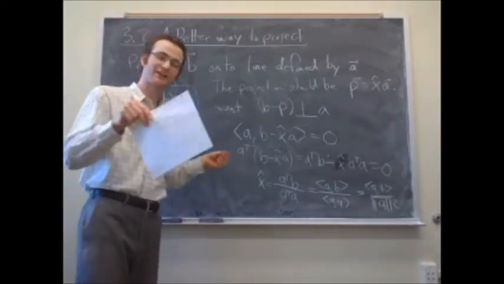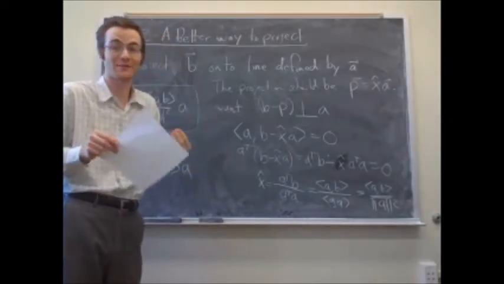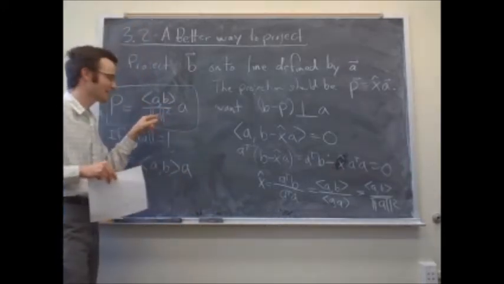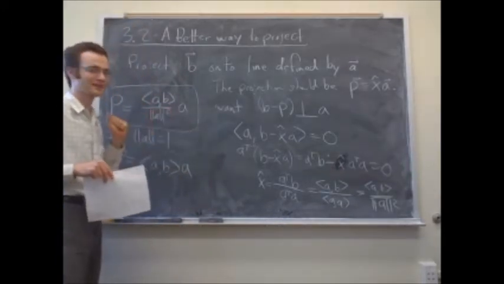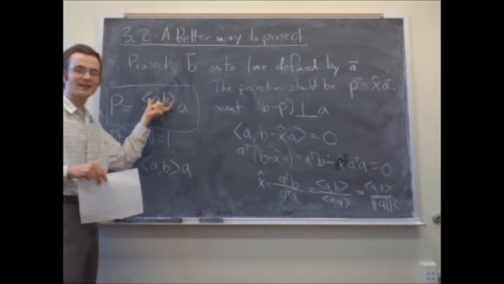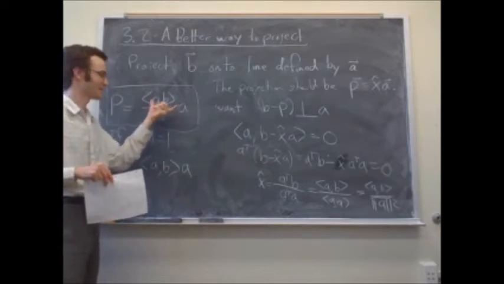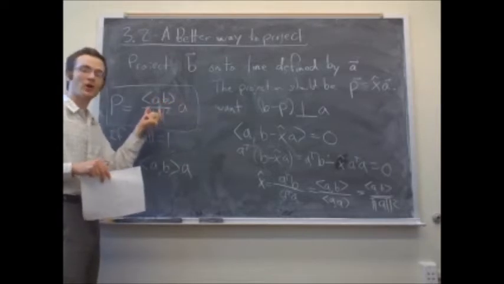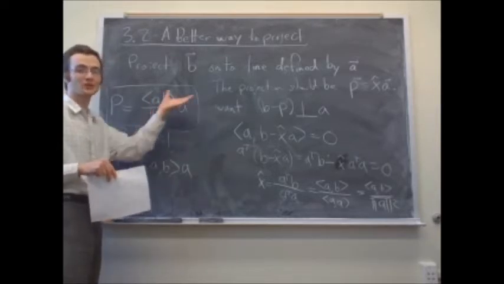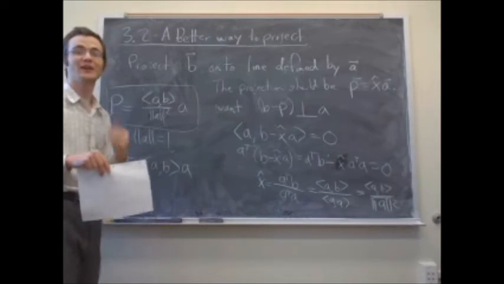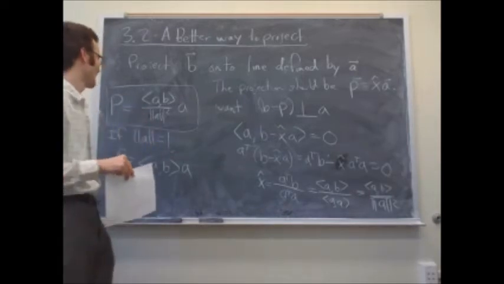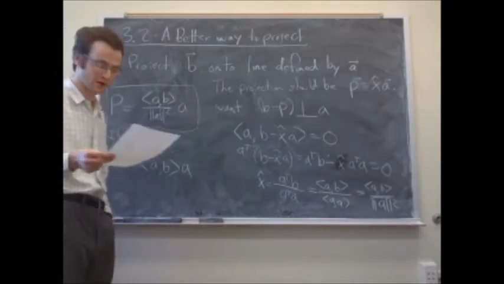All the vectors on the line should give the same projection because it's the same line. And so what this does is this normalizes it, if you will. So if we double the size of A, that means we quadruple the top, but we also quadruple the bottom, and so we'll get the same projection either way. It will give us the same vector, which is exactly what we want. So that's good.